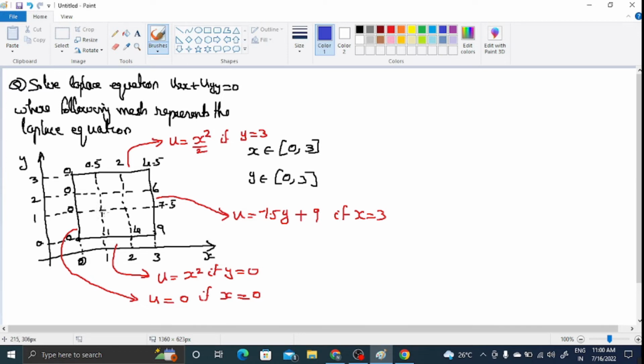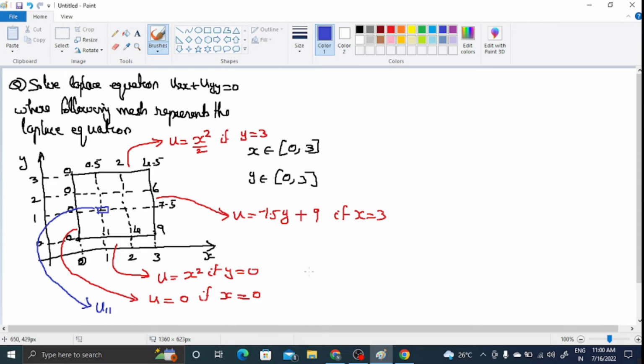Now take the next one. X equal to 1, y equal to 1. This point is not known to us, so we have to find it. What label can we use? Its x index is 1, y index is 1, so we can use it as u11. Am I correct? Any doubt? So we can label that point as u11.